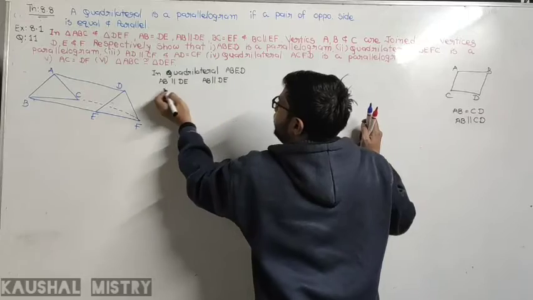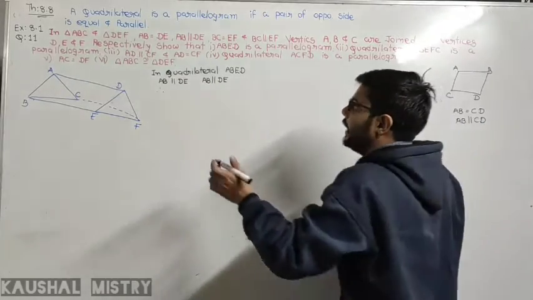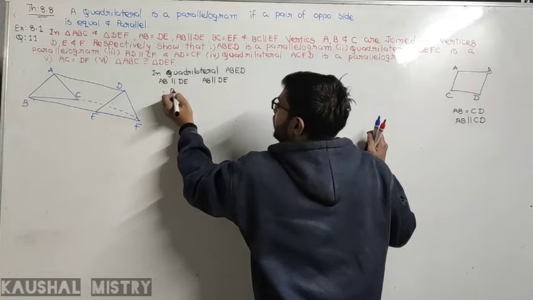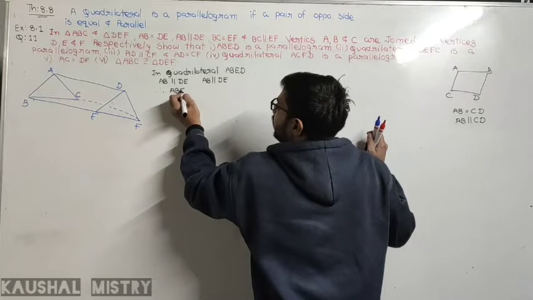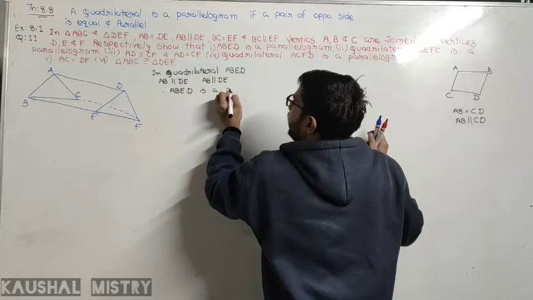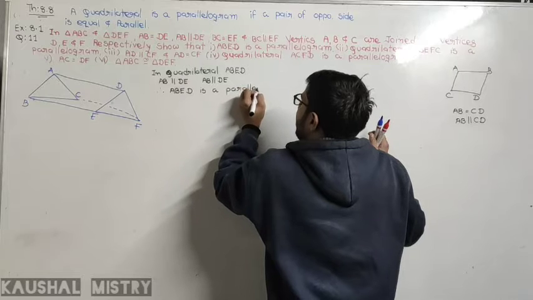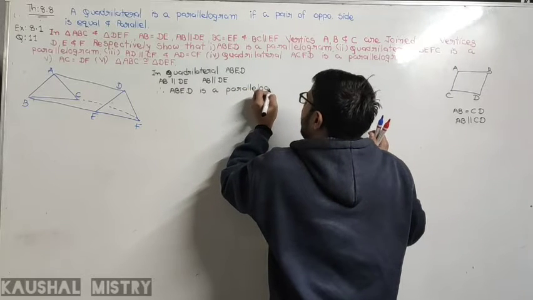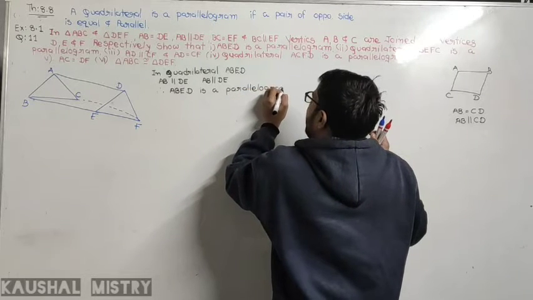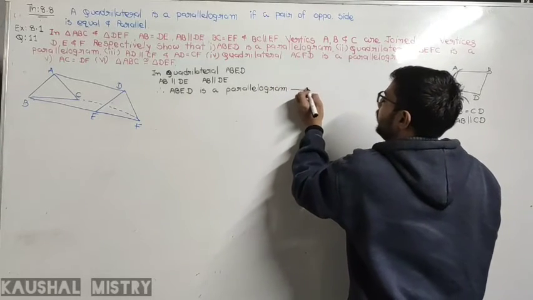That means by this and theorem 8.8 we can definitely write ABED is a parallelogram. Right? This will be our result number 1.